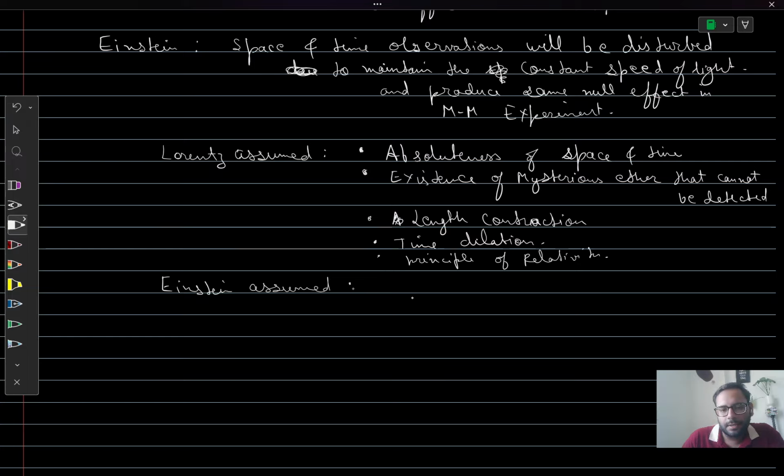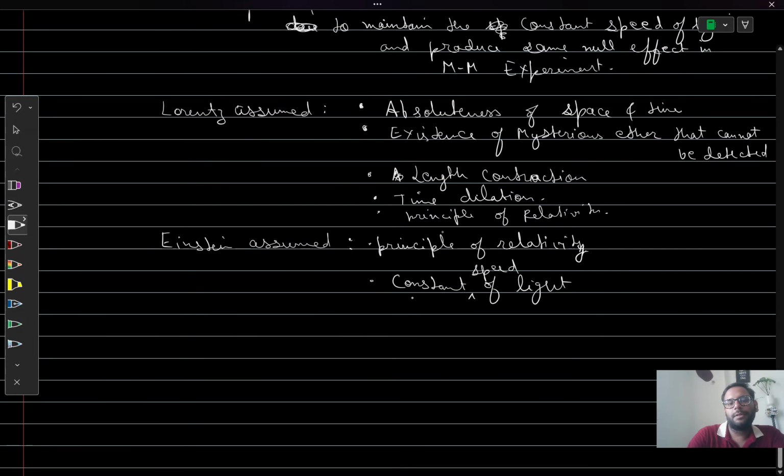So Einstein, of course, assumed the principle of relativity, and secondly, he assumed constant speed of light.